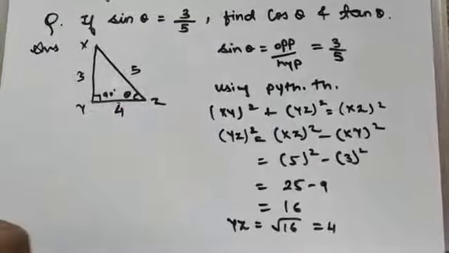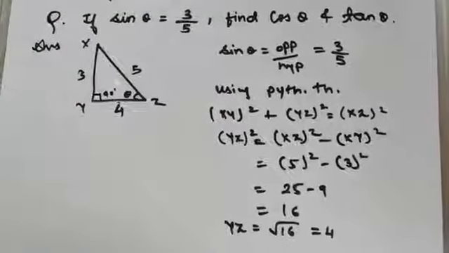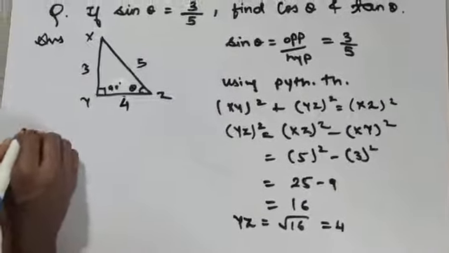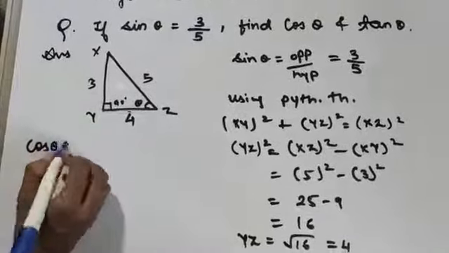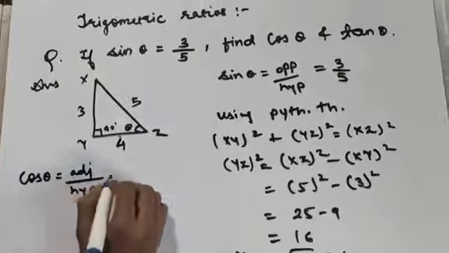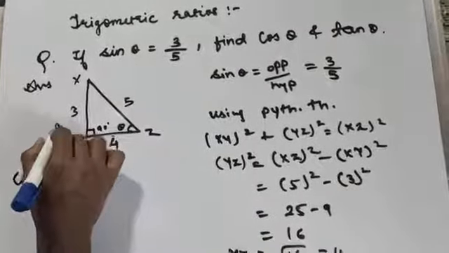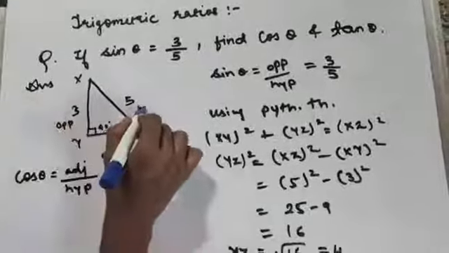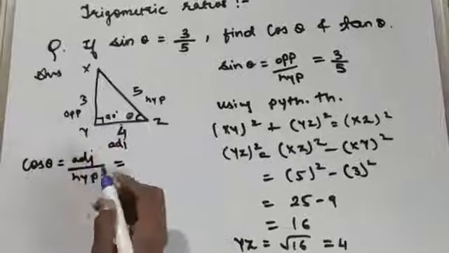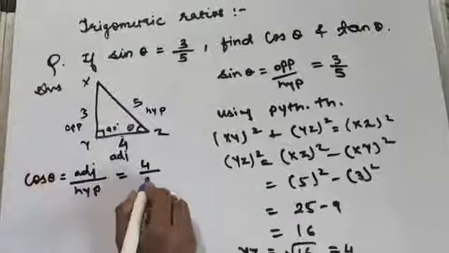Okay, now let's write all the trigonometric ratios for triangle XYZ. So we have the sin theta. So cos theta is given by adjacent side upon hypotenuse. This is the adjacent side, this is the opposite side, this is the hypotenuse. Okay, so adjacent side YZ, so 4 upon hypotenuse is side XZ, which is 5.